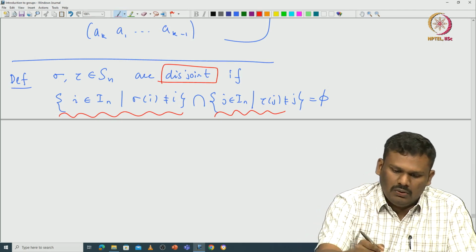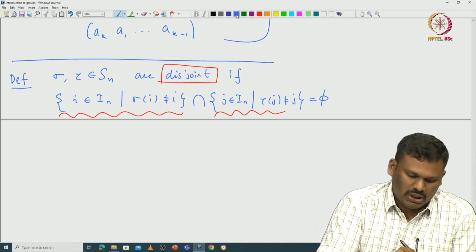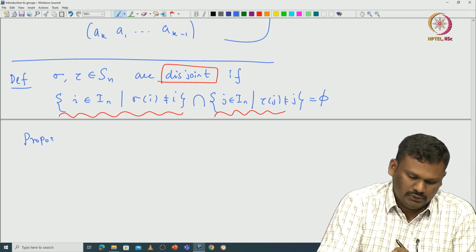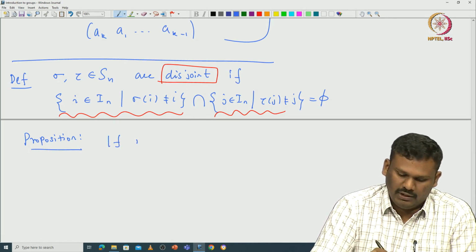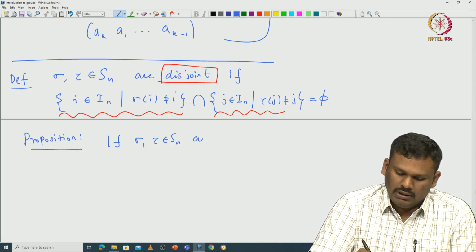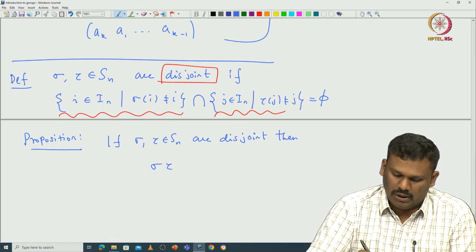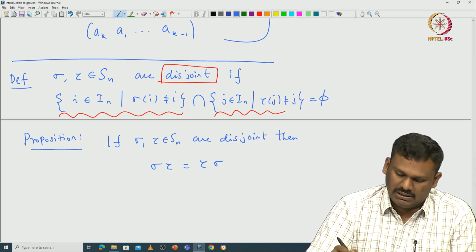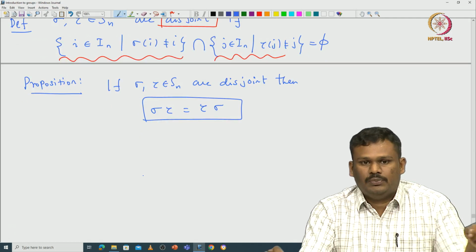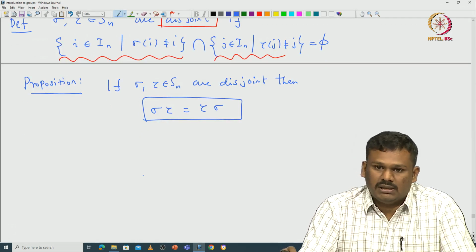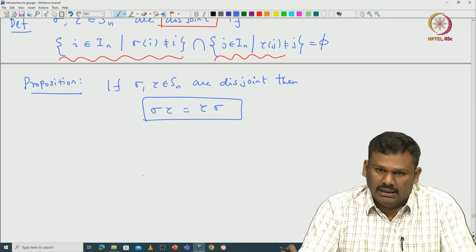Once we understand the definition, it is not hard to prove the following proposition, which I will leave as an exercise. If sigma and tau are disjoint, then they must commute. That is, sigma tau should be the same as tau sigma. Why is this the case? You compute the action of sigma tau on some given index i.